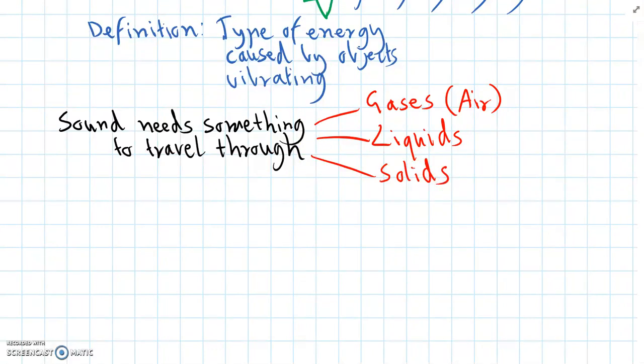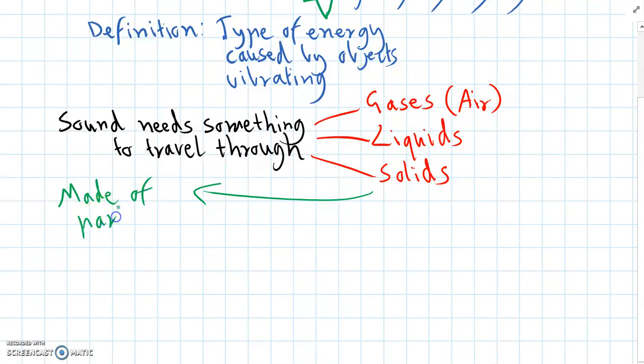And the reason it can travel through all these materials is that all these materials are made of particles. Particles are tiny objects that make up everything in the universe, or matter in the universe.